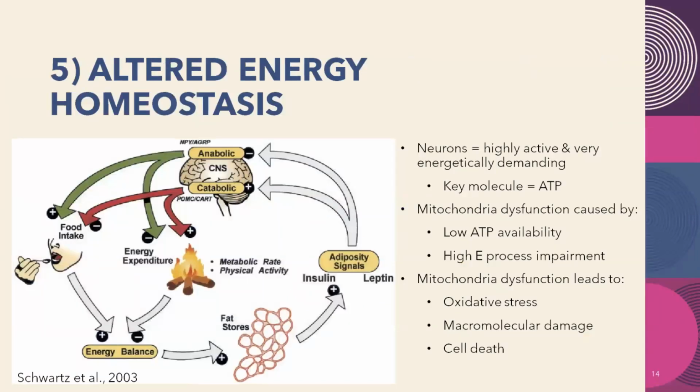Okay, so altered energy homeostasis. A little bit of this goes along with what Aaron was talking about earlier. Synaptic energy of the neurons is a high energy consuming event. Think about not only the neuronal network being very large, but you're also not going to end up finding the target every time you fire.